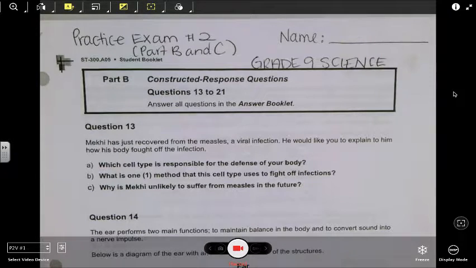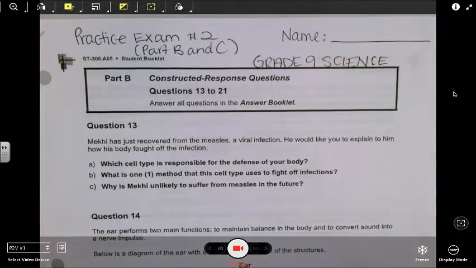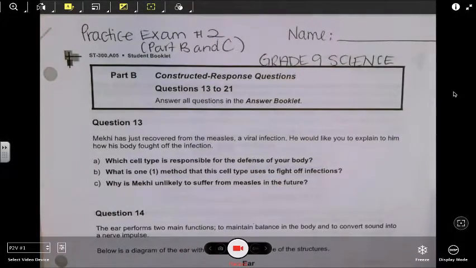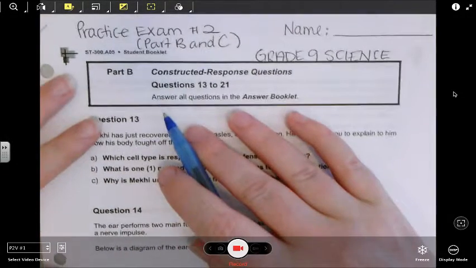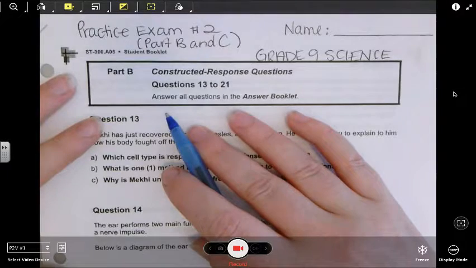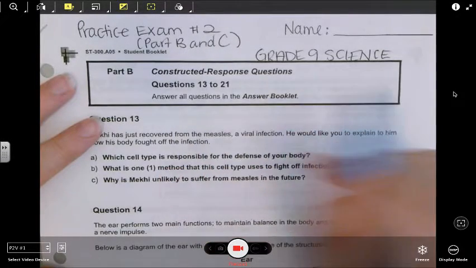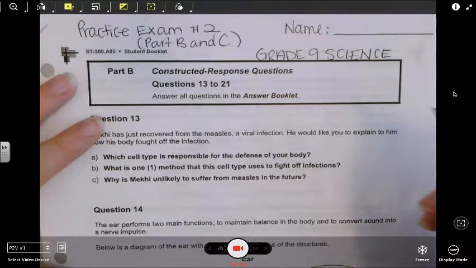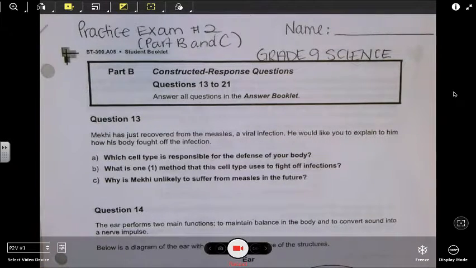Okay? So I just want you guys to make sure really quickly, I'll give you a second to see if you have this practice exam number 2 that we went over. We went over this one in class a little bit, but I'm just not really sure if you guys had this ready to go, because we kind of skipped forward afterwards because people wanted to focus a little bit more on the checklist.